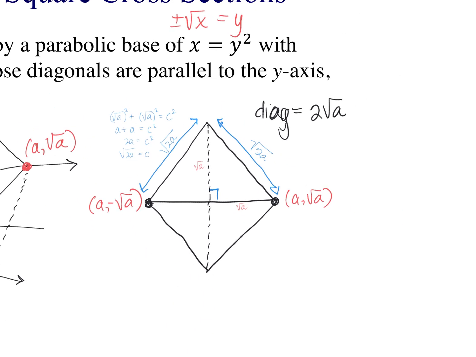So once I have that, then I can find the area. So my area would be rad 2a multiplied by another rad 2a, which is just 2a. So all of that to tell me the area of one slice, using this parabolic base with diagonals, square cross sections, is 2a.